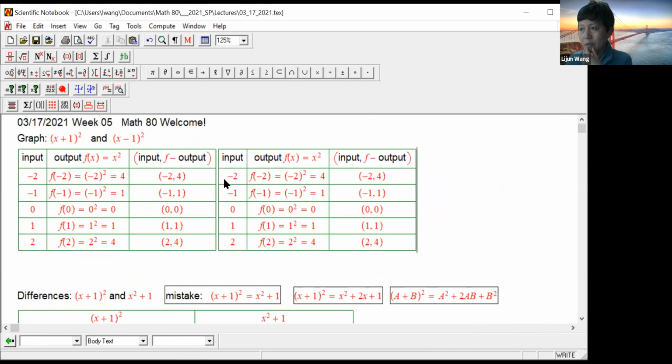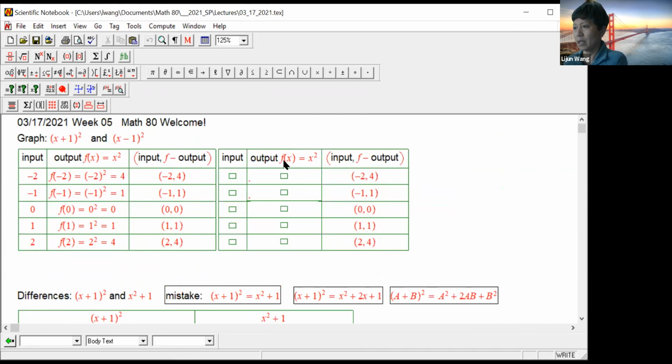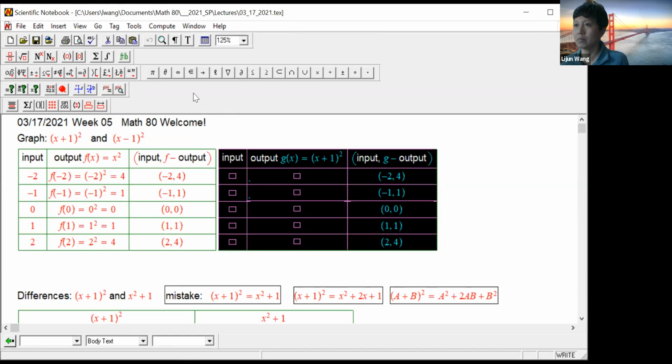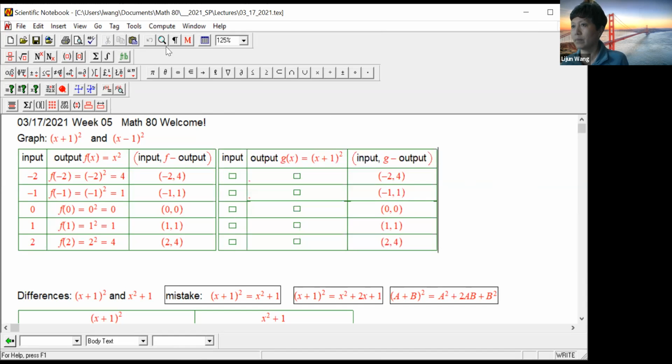The second table, I'm going to make adjustments for you on these inputs. It's going to be about G and H. So one is x plus 1, and the other one, so this is going to be G. And the next table, you're going to work with me together.